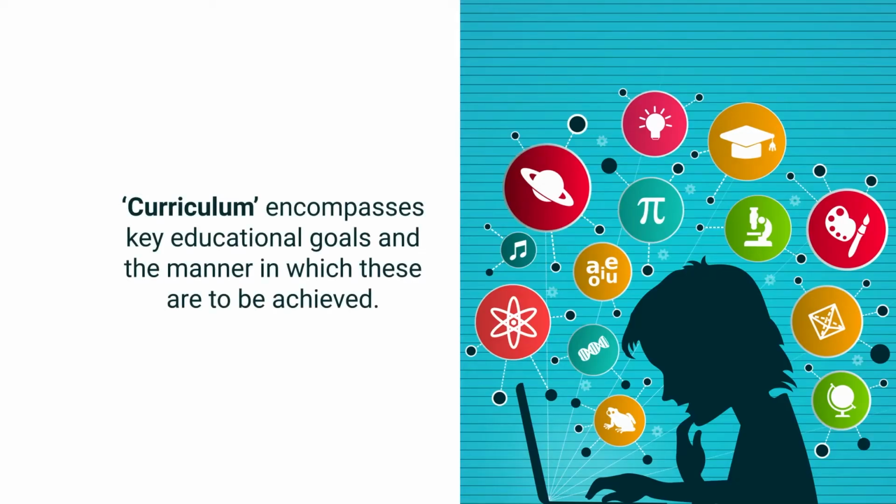And further, we can say that curriculum encompasses key educational goals and the manner in which these are to be achieved. So try to understand. I was saying curriculum is a very vast, very broad concept, and when we try to understand the concept of the curriculum, you will find that it is very much related with the educational goal. Goals are always vast, broad, and general in nature.